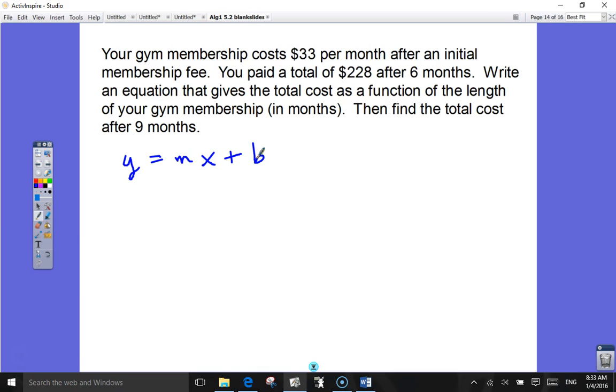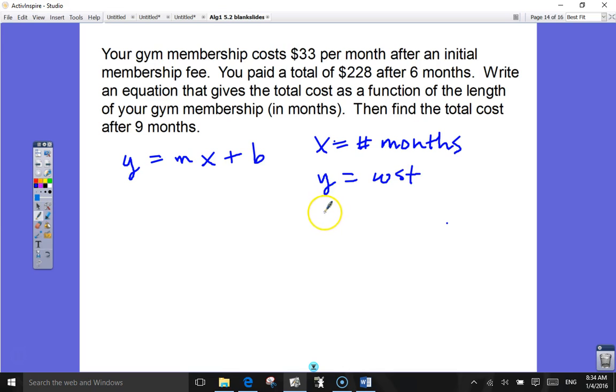What do you get? How much? 30. Okay. Let's see. Let's say x is the number of months. The y is the cost.